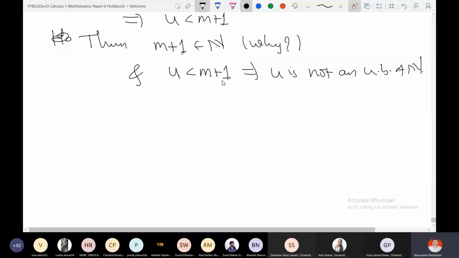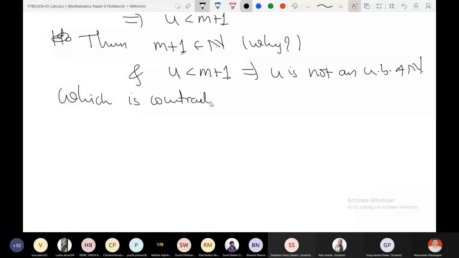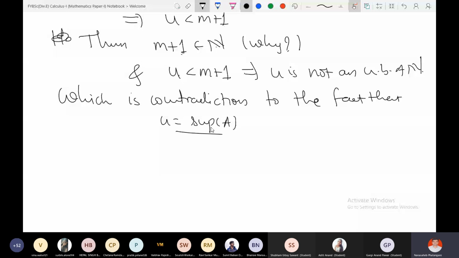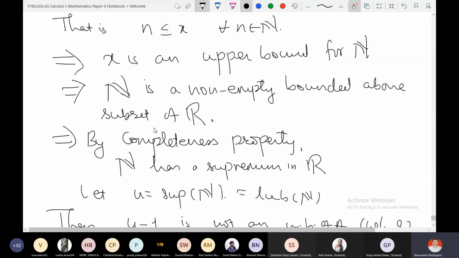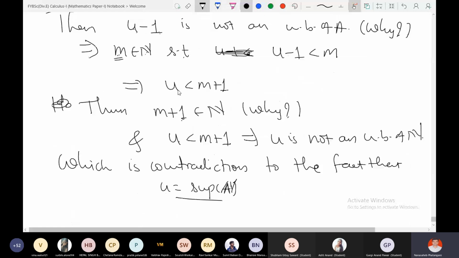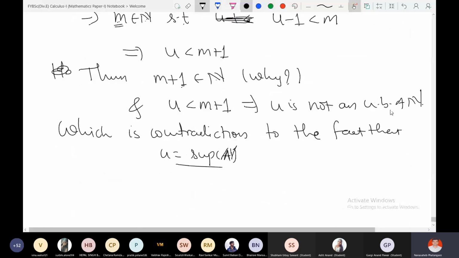So this is a contradiction to the fact that u is equal to the supremum of N, the supremum of natural numbers. Because we came to the conclusion that u is a supremum of natural numbers, and with logical arguments again we reach the conclusion that u is not an upper bound.